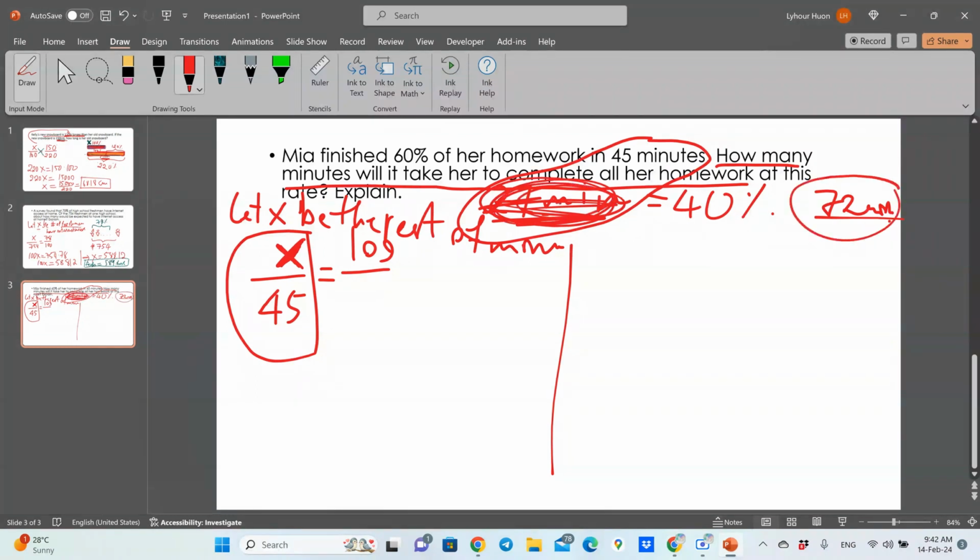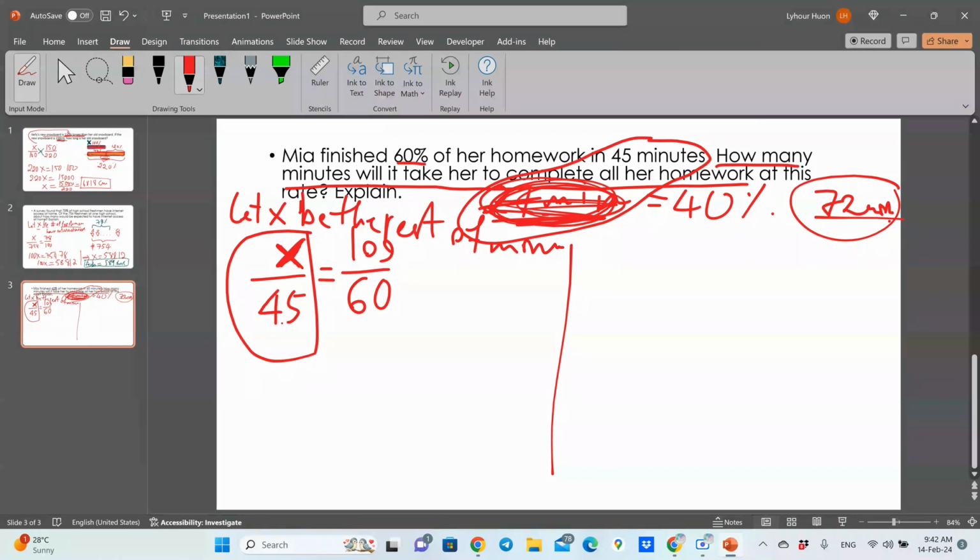Okay, so x over 45 equal to 100 over 60. It's 100 because that's the whole thing, and 60 is the amount you have done in this amount of minutes, right? Yeah.